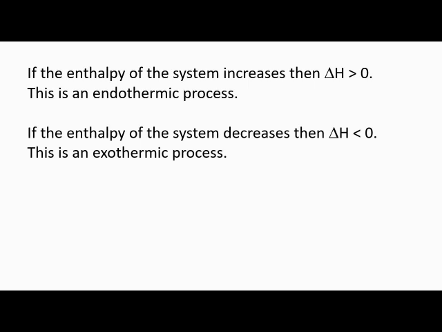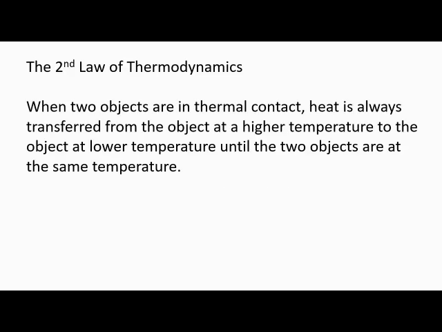It's important to make sure that you understand how these two terms are represented by the delta H values. Signs are very important. And the change is always relative to the system. And so it's really important to be able to identify, okay, what's the system, what's the surroundings?